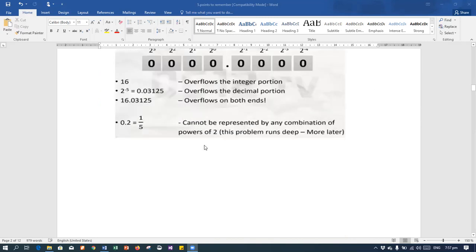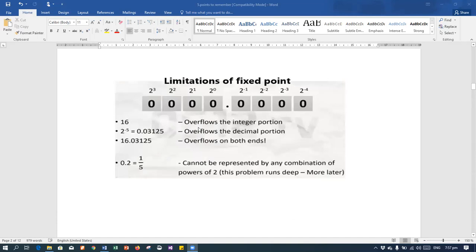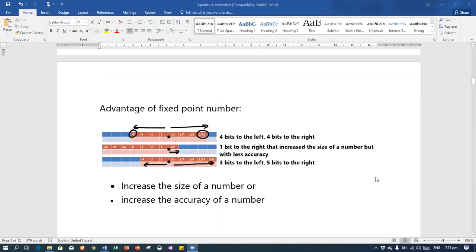Now, another problem: overflow. What is overflow? What do you know about the overflow situation? Any idea about overflow?